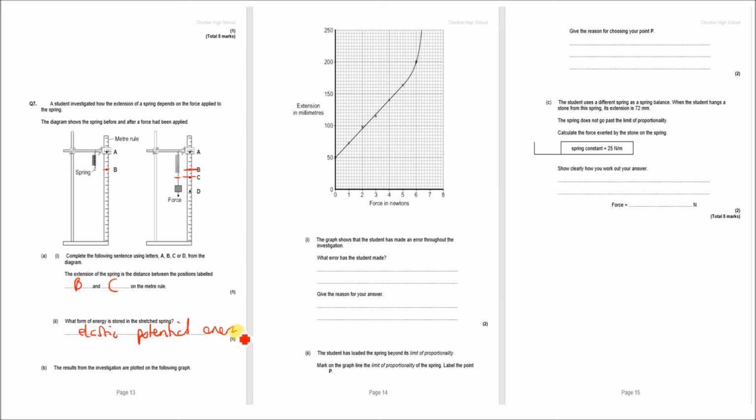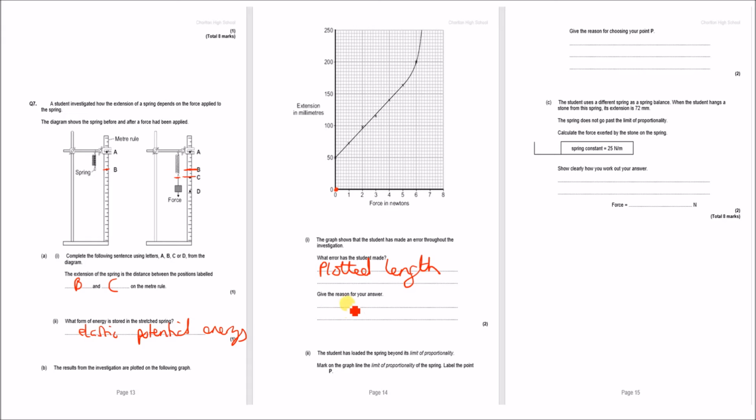Right, the error made in this particular question is that they have clearly plotted the length of the spring. They have plotted the length, not the extension, because the extension would always start at 0 if there is no force. So at 0 newtons you will have no extension.